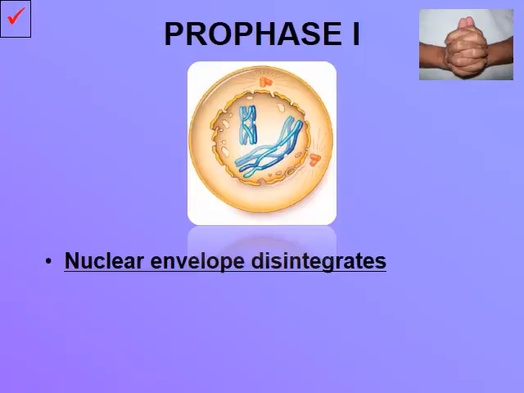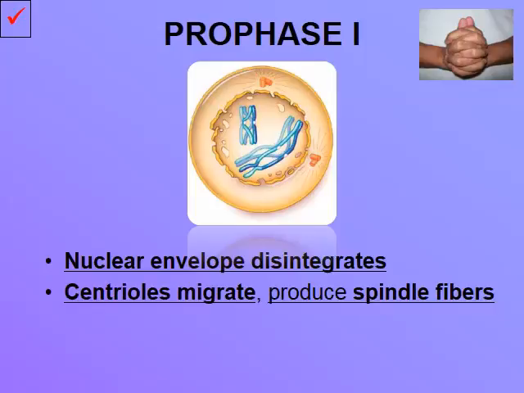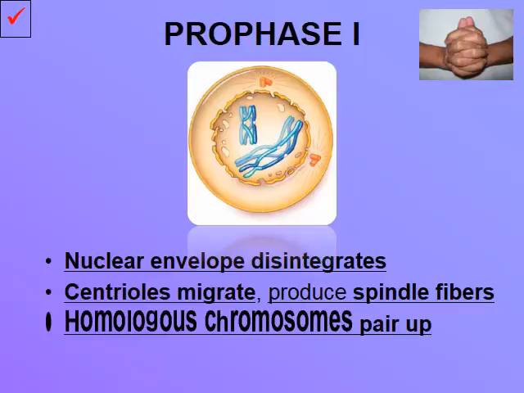So during prophase 1, once again the nuclear envelope disintegrates. Our centrioles migrate and produce spindle fibers. But now, our homologous chromosomes pair up. So homologous chromosomes, we're talking about things like unique individual traits, like eye color, hair color, dimples, things like that.